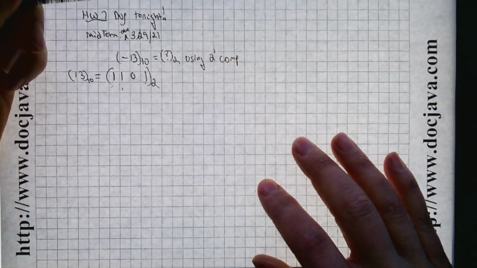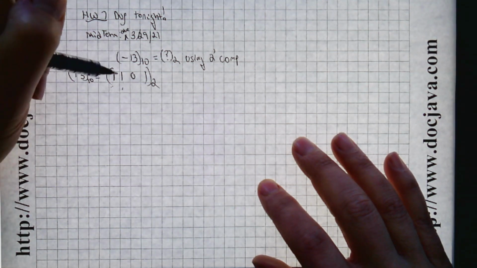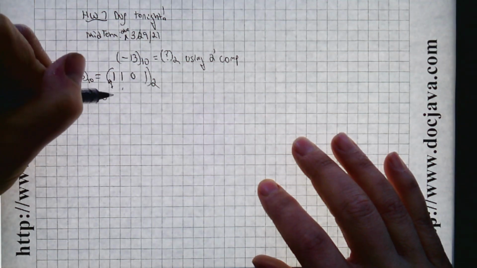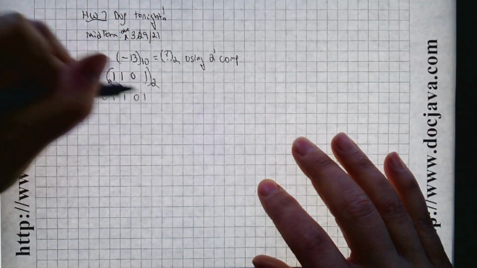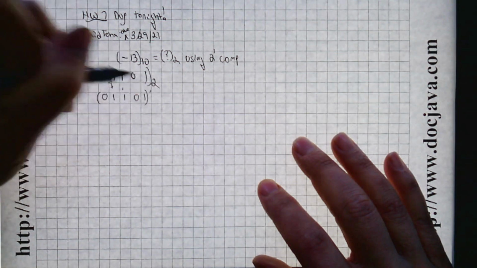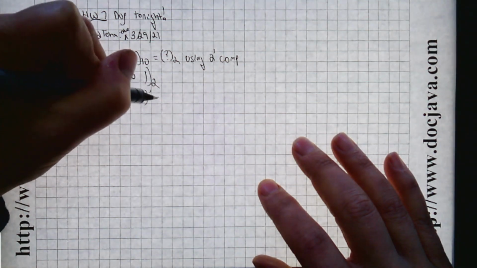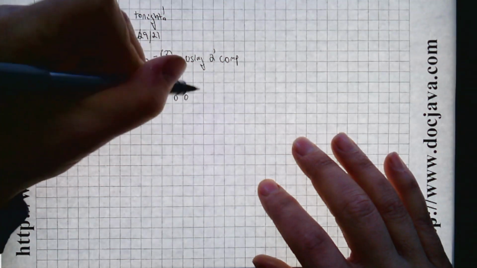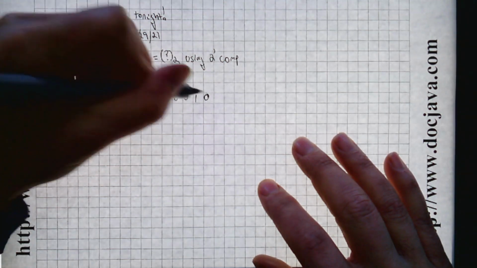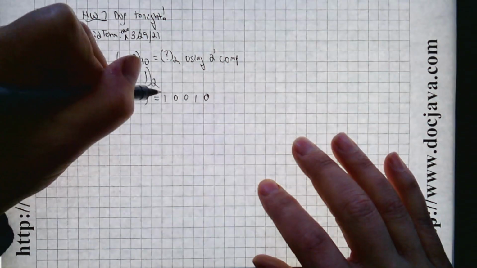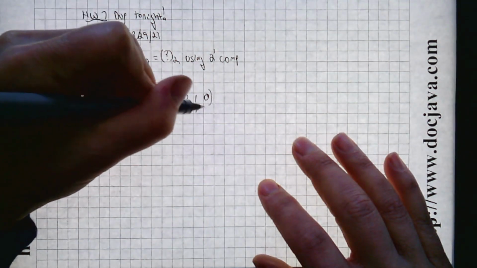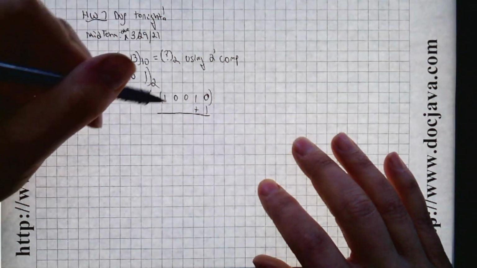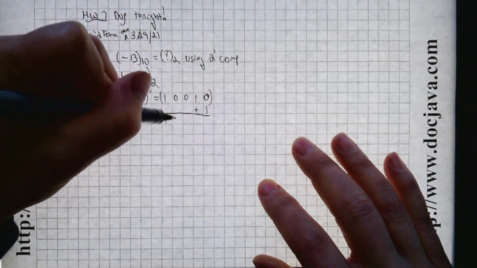And then we're going to need space for a sign bit, so we'll put that in there. Then we'll complement to form the 1's complement, and then we'll add 1, because we have to complement and increment to get 2's complement.